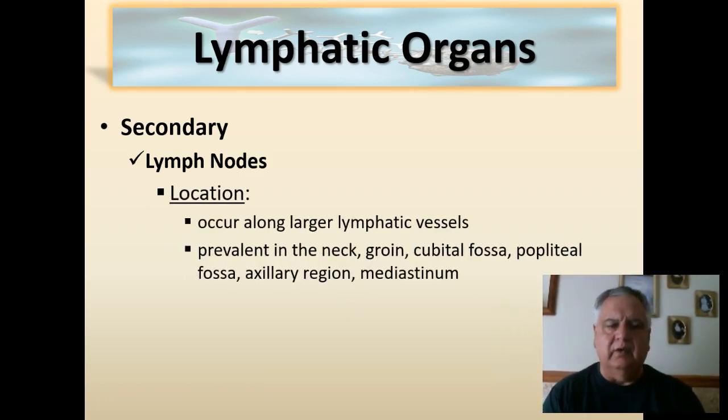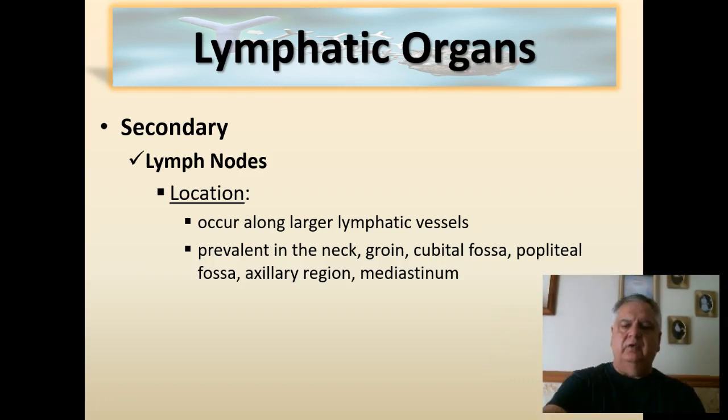So with regard to lymph nodes, the location of lymph nodes, as we've seen in the previous diagram, is all along the larger lymph vessels. They look like little beads or pea-shaped organs that are located all along those lymphatic vessels. However, they are most prevalent in the neck, in the groin, the cubital fossa.